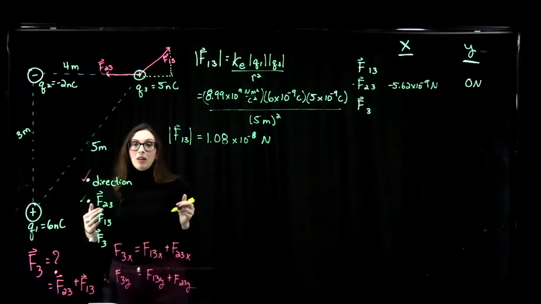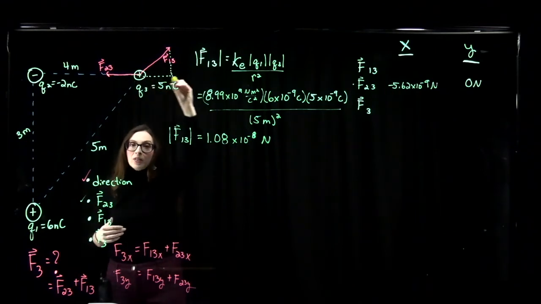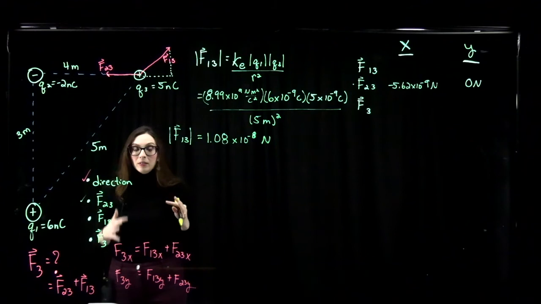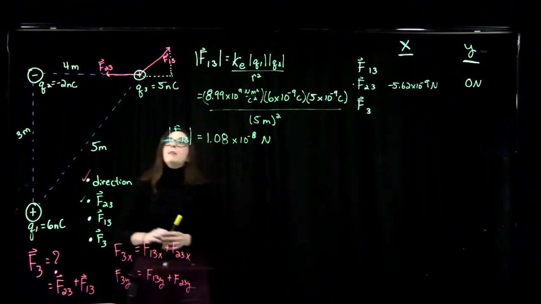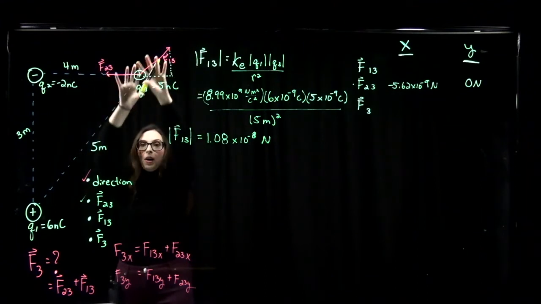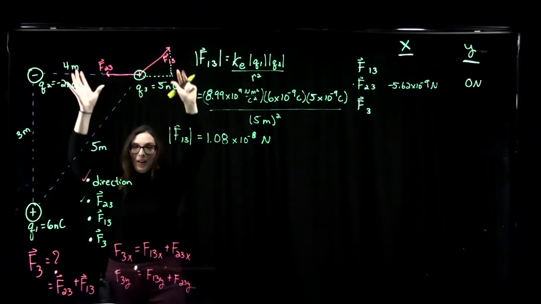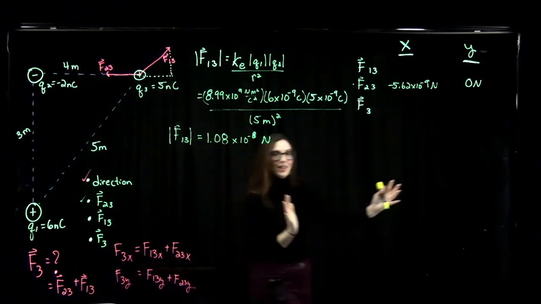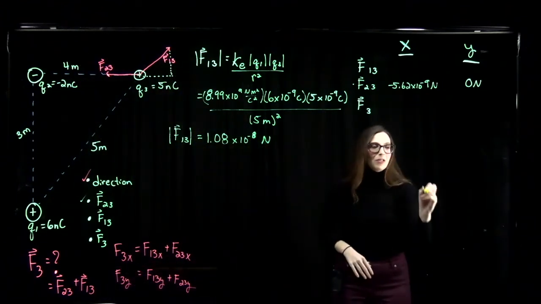So we have to figure out how we can get the x component of F13 and the y component of F13, and we do that by thinking about geometry. Maybe what I'm going to do is take this part of my drawing, chunk it out, move it, and draw it over here.